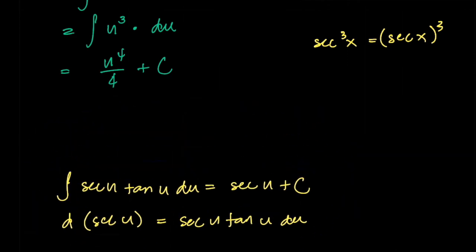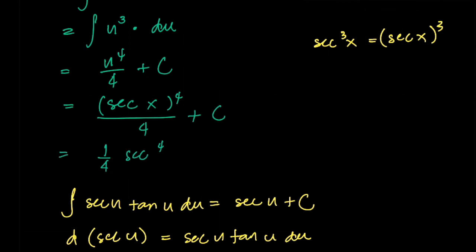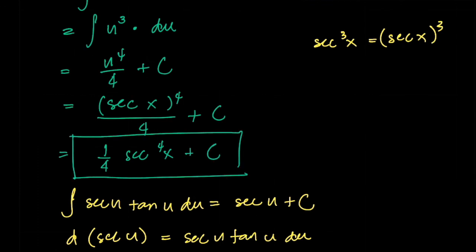So, palitan natin yung u. U is equal to secant x. So, secant x raised to the fourth power all over 4 plus c. Or 1/4 secant 4x plus c. This is now our final answer.